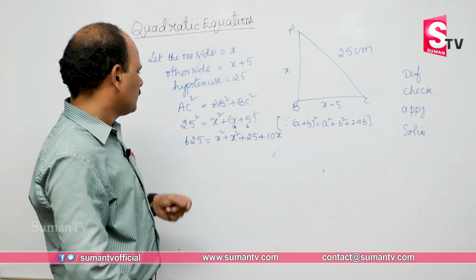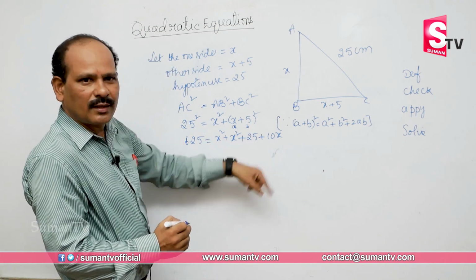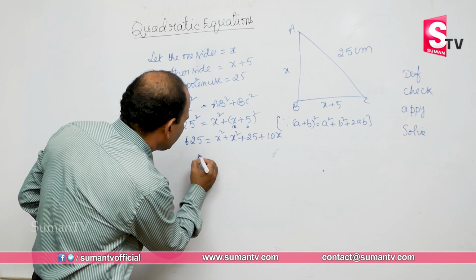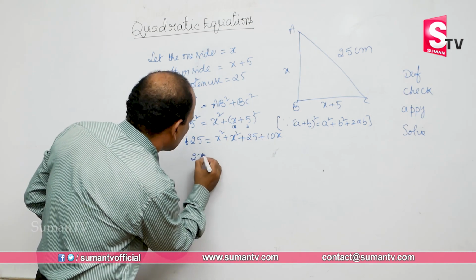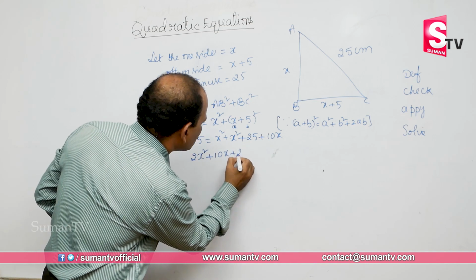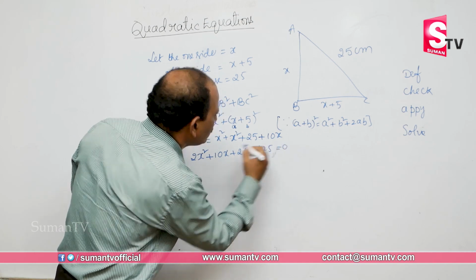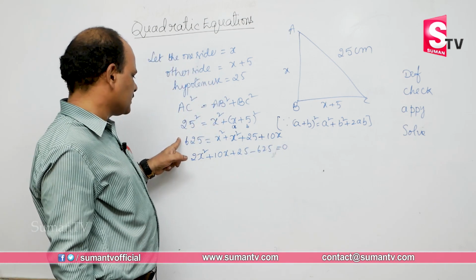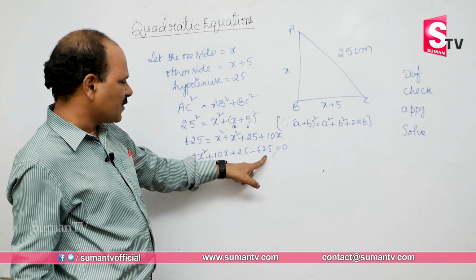10x. Okay, now send this 625 to the right side. x square plus x square, that is 2x square plus 10x plus 25 minus 625 is equal to 0. Now I am taking this 625 to the right side so that it is becoming minus 625.